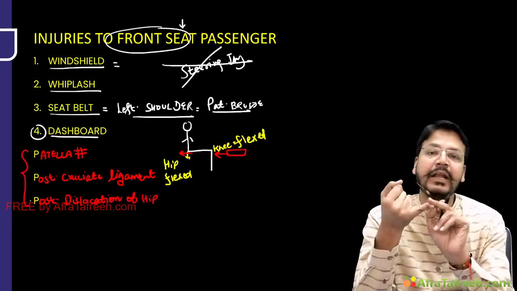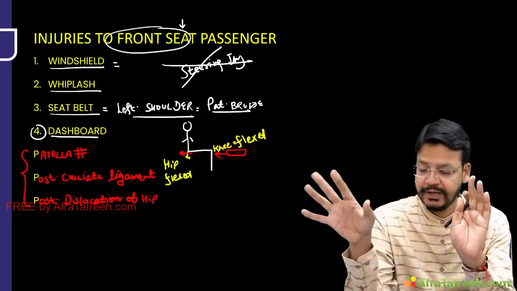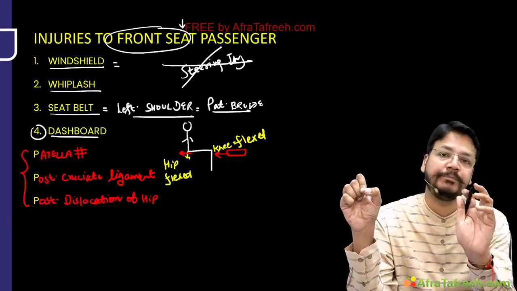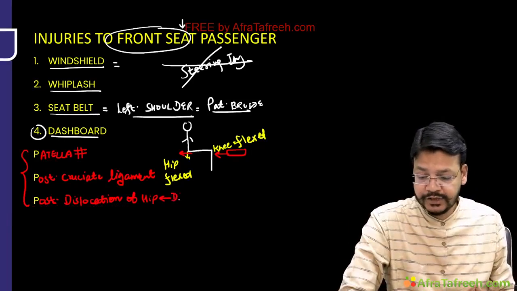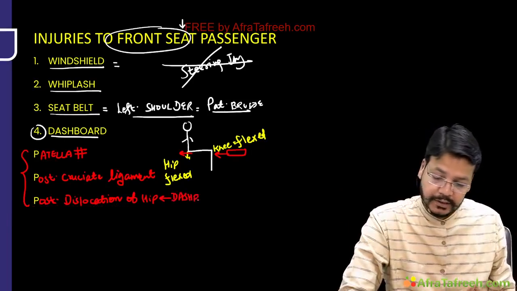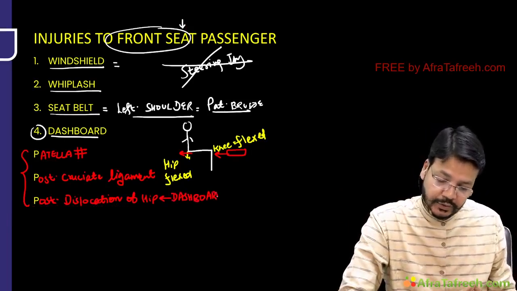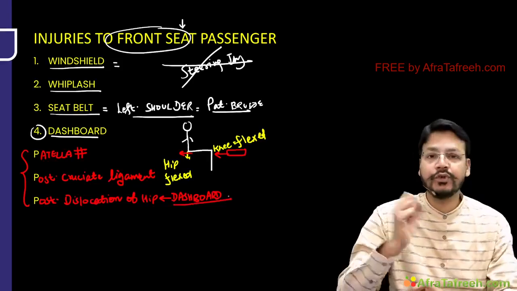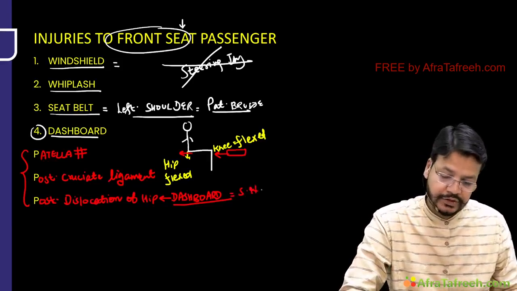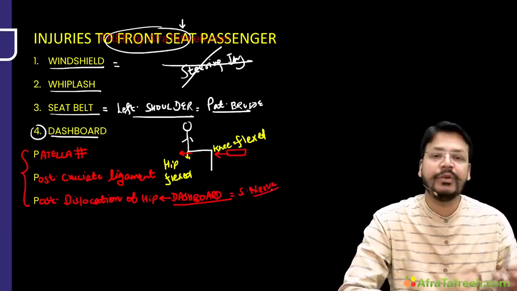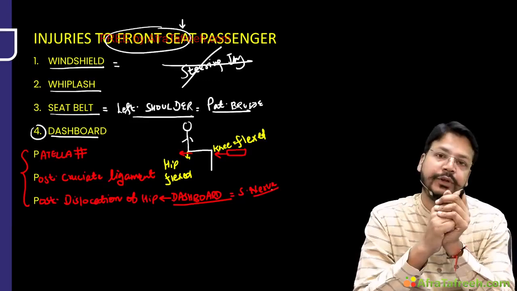All 3 are P: patella fracture, posterior cruciate ligament injury, posterior dislocation of the hip. This is also known as dashboard injury or dashboard dislocation. Very, very important. And the most common nerve to be involved is the sciatic nerve, in posterior dislocation of hip joint.